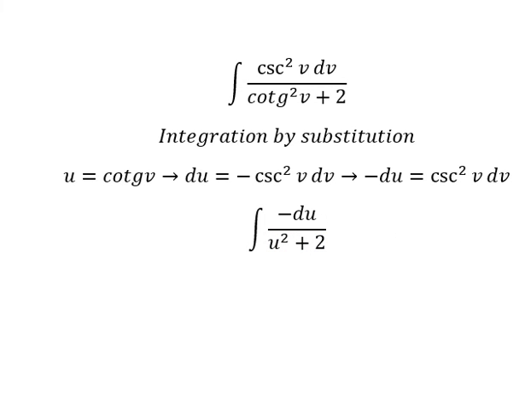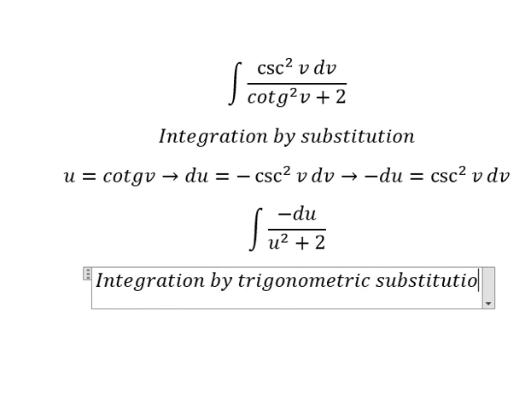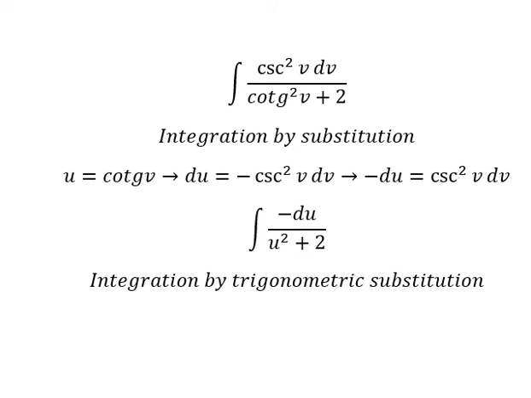And now we need to use about integration by trigonometric substitution. So I will put about u equals to the square root of number 2 tan t. Because if we put this one go in here, you got about 2 tan t square.